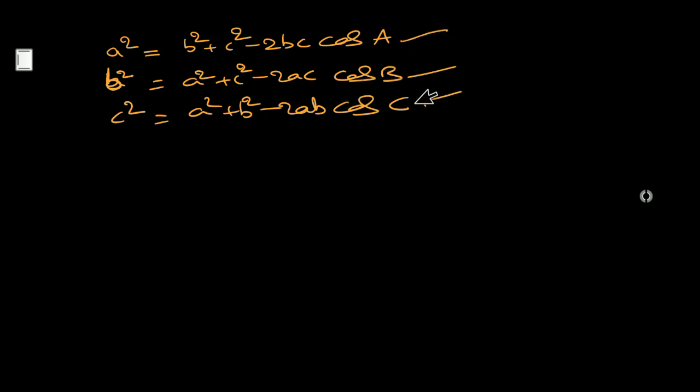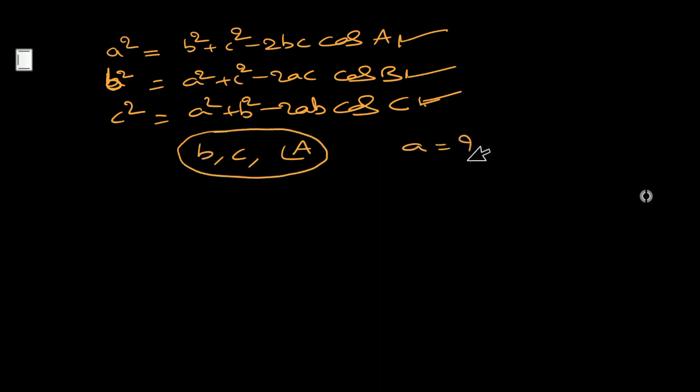These forms are also most important. According to the problem, we have to apply the formula. If you know b, c and angle a, and want to identify a, then it is better to use this formula.